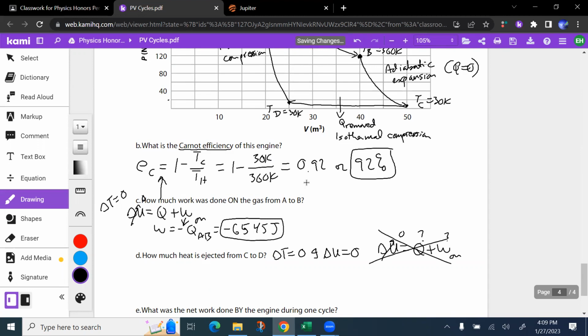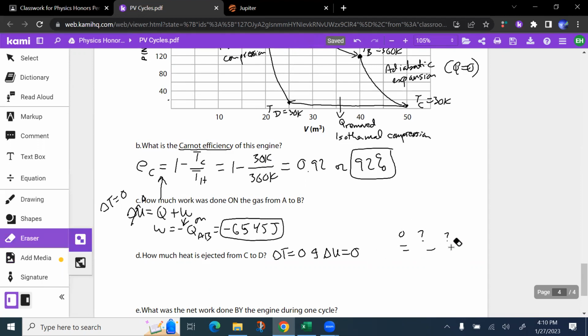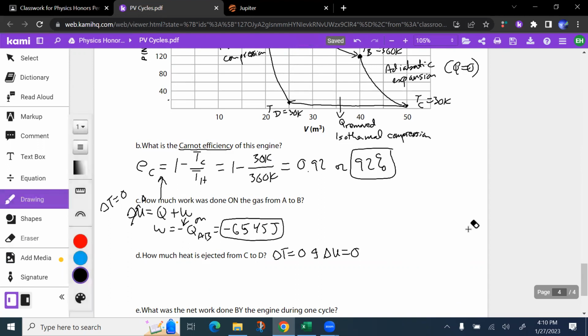But what will work is if we create a proportion, and the proportion is basically going to look like this. It's going to assume the actual efficiency is the Carnot efficiency.